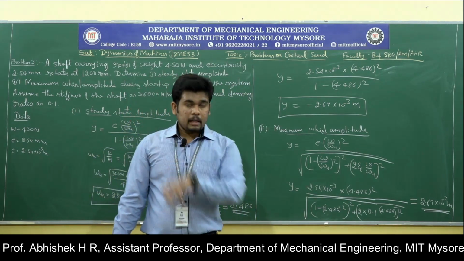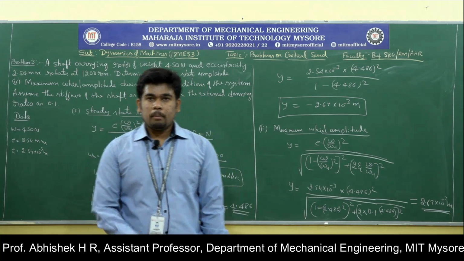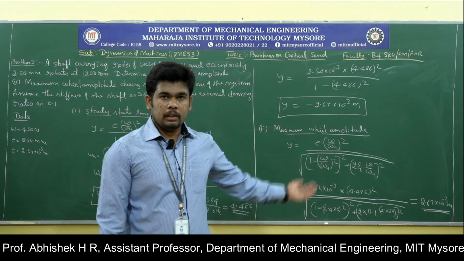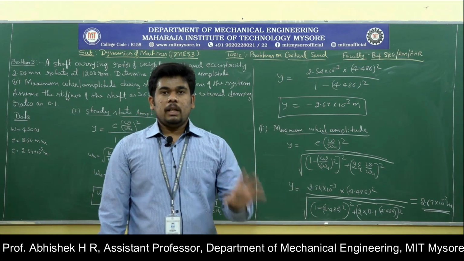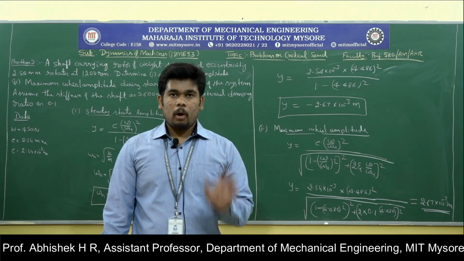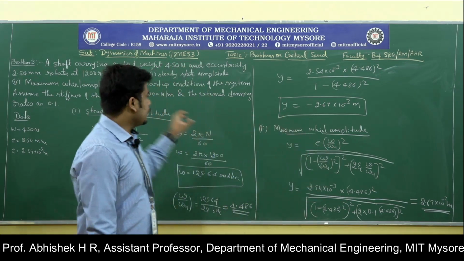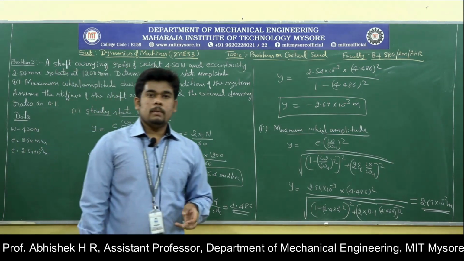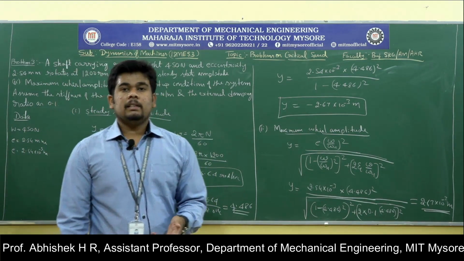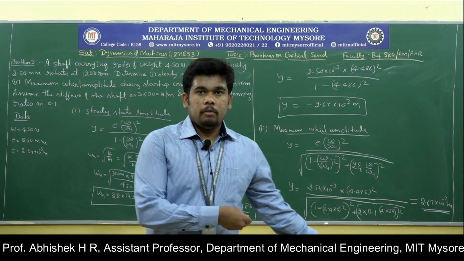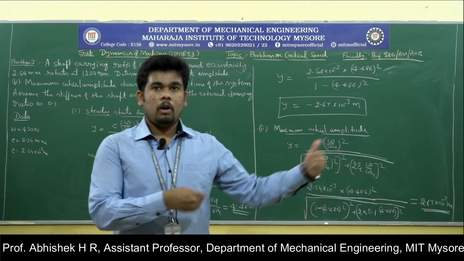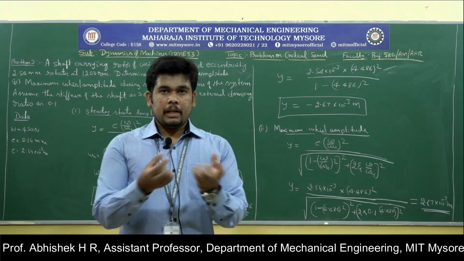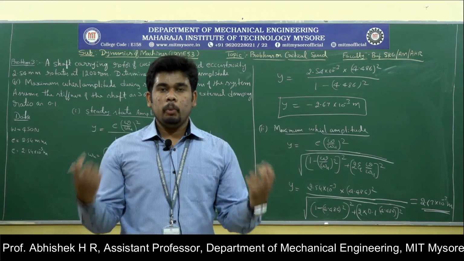So like this we can solve similar problems based on these two conditions. First thing is you need to analyze the problem statement and extract the data given in the problem. In some of the problems they may give a hint, like the problems we have solved on the simply supported shaft, a shaft supported between two bearings.